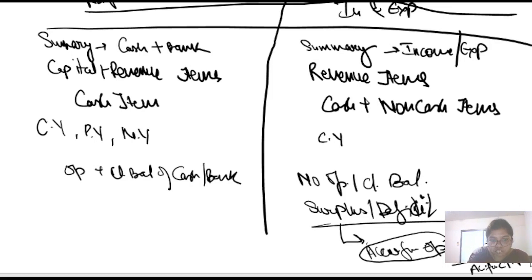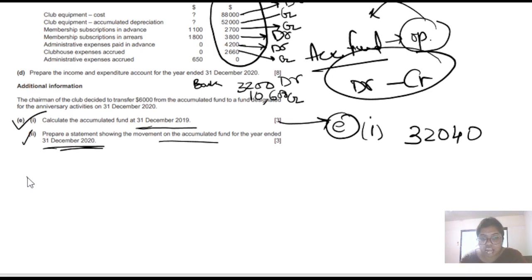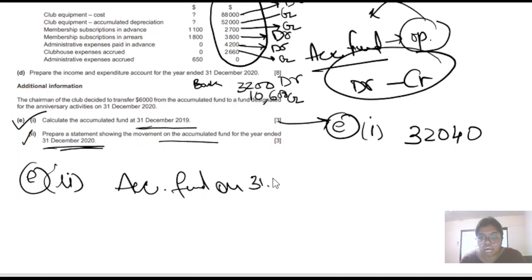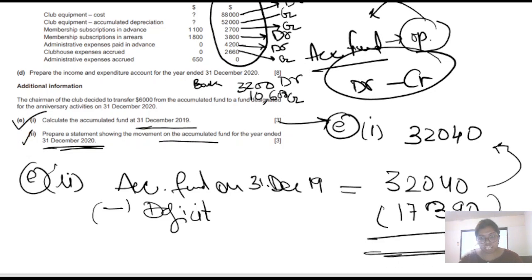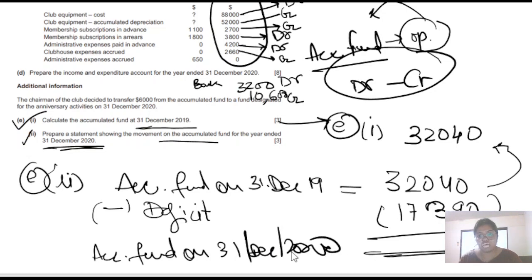So by this we are going to calculate the second part of E. Accumulated fund on 31st December 2019 is 32,040. Then deficit is 17,390, and then you will come to know your accumulated fund on 31st December 2020.